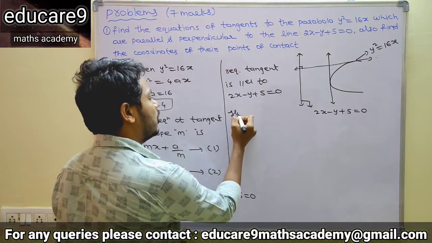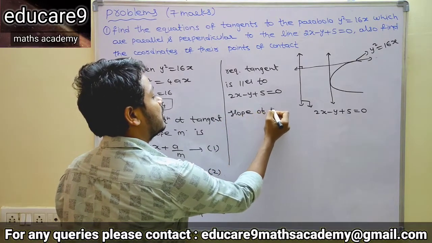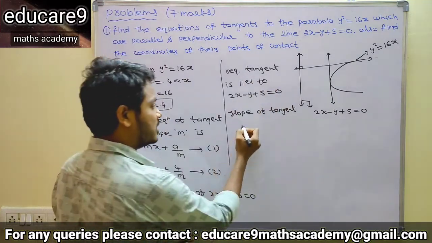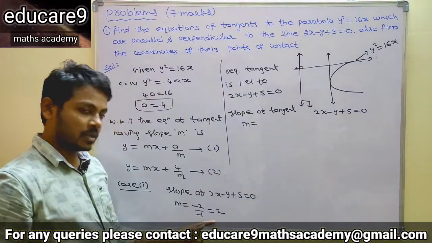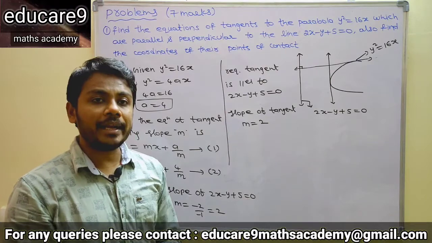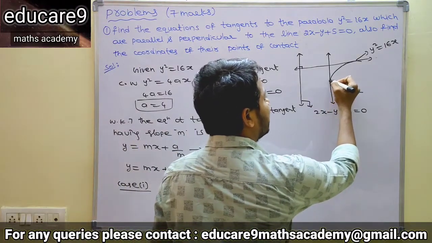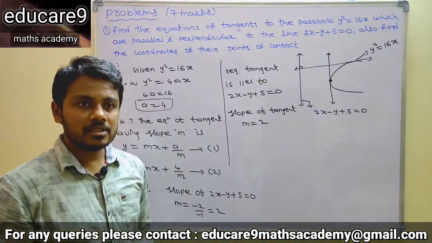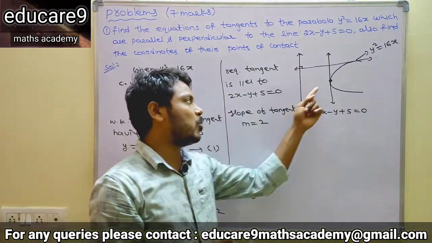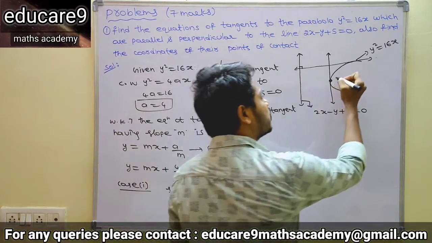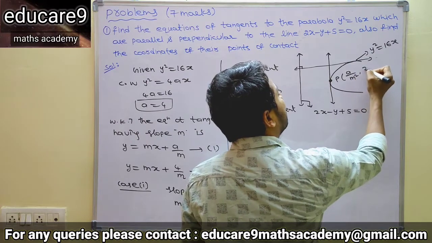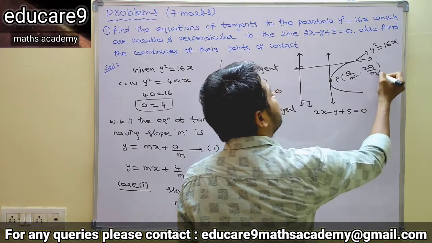Therefore the slope of the tangent is m equals 2. Now you need to find the point of contact. This is the tangent of the parabola touching at the point P. Then the point of contact is a by m square comma 2a by m.